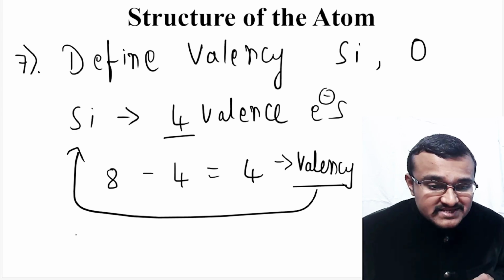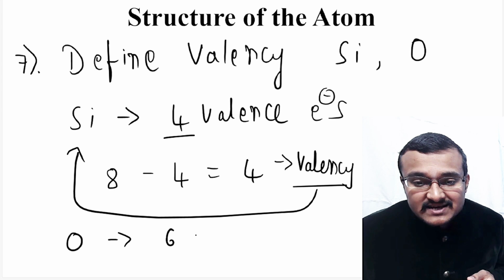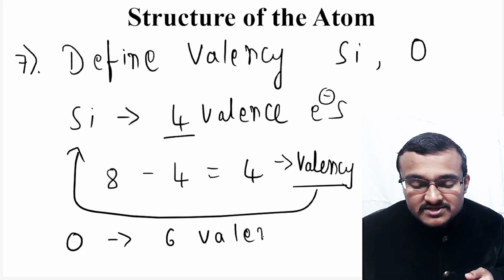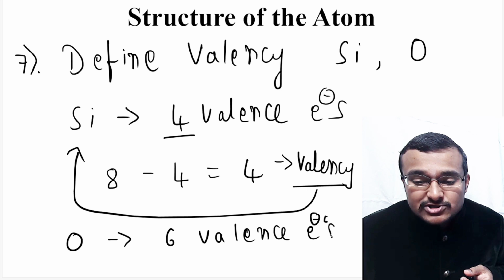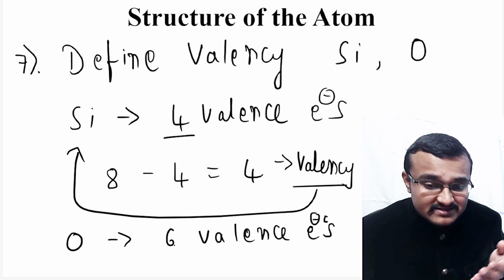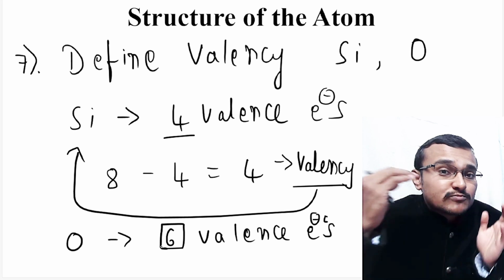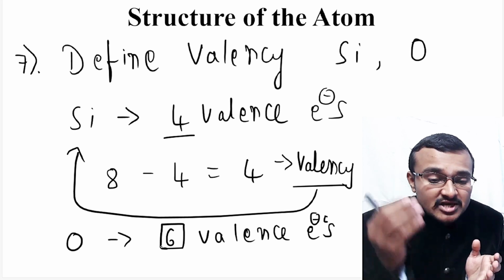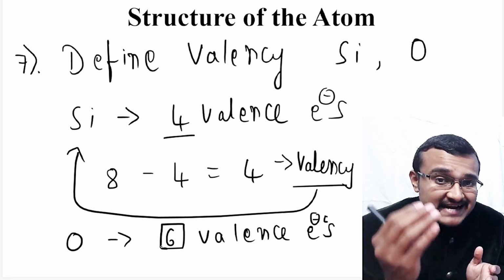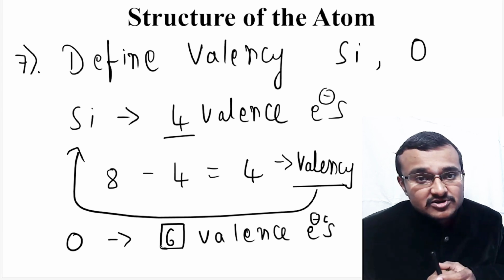Whereas coming to the oxygen atom, it has 6 valence electrons. These 6 valence electrons are the electrons present in the outermost orbit of the atom. So the outermost orbit of an oxygen atom contains 6 valence electrons.